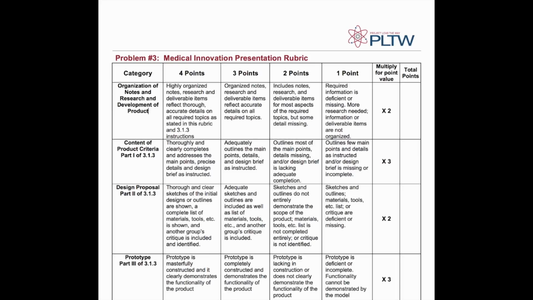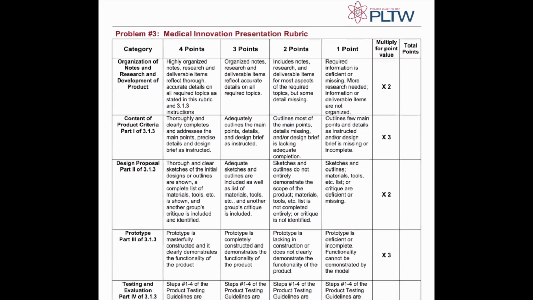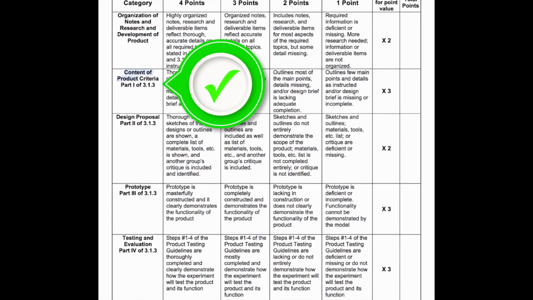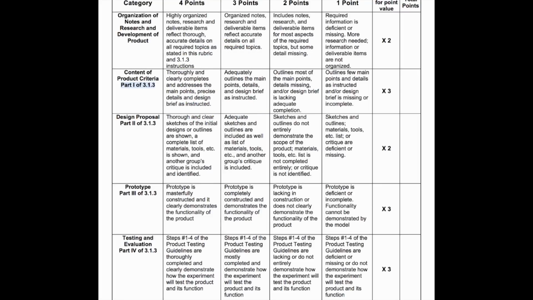Next, we'll move on to the second row of the rubric, the content of product criteria. You'll notice that this is labeled as part 1 of 313, and this coincides with your directions for 313. Part 1 is titled Identifying Criteria, Exploring Possibilities, and Selecting an Approach.